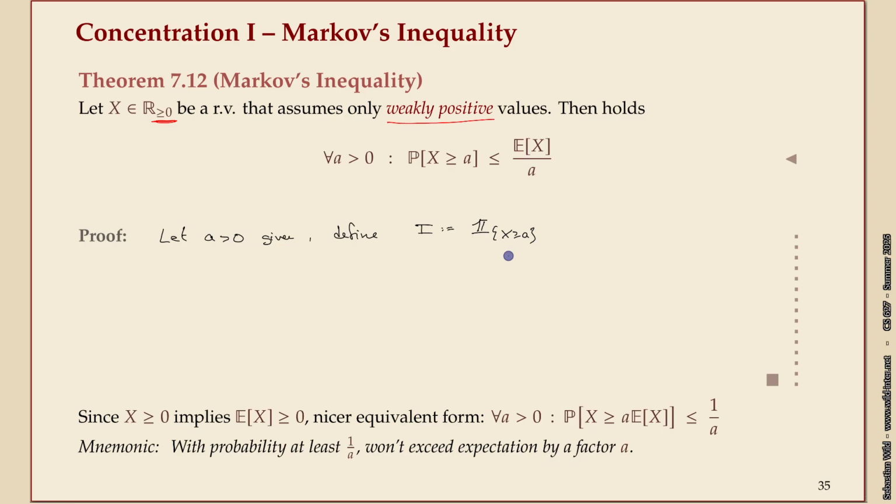So it's a 0, 1 event. You could also write it as X greater or equal a with Iverson bracket, same as saying it's 1 if this is true and else 0.